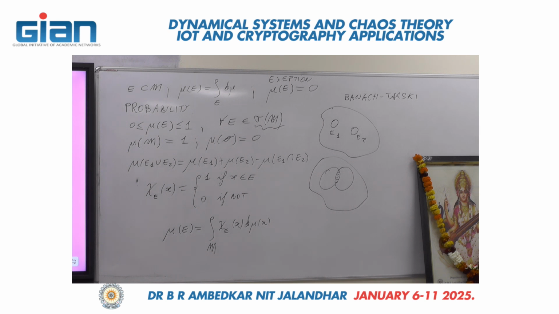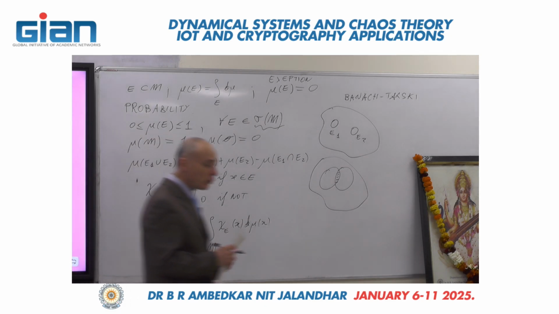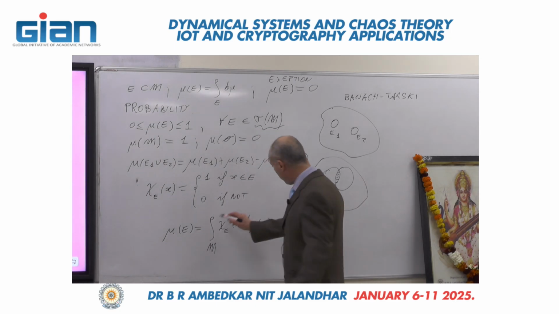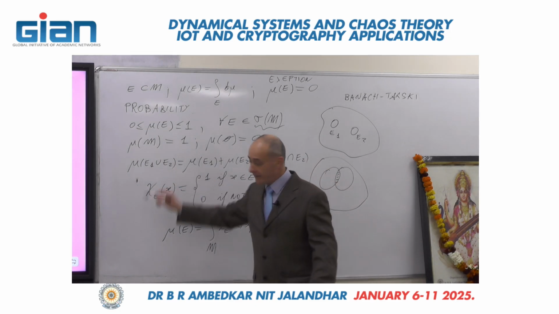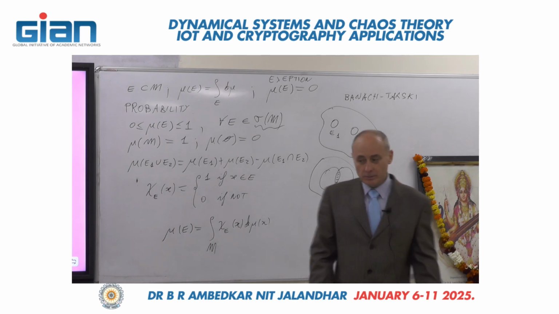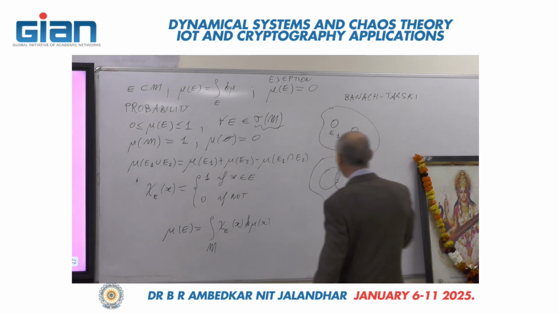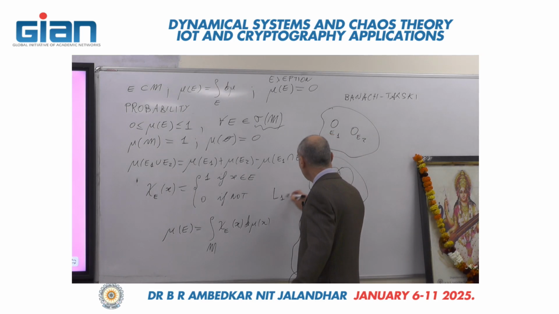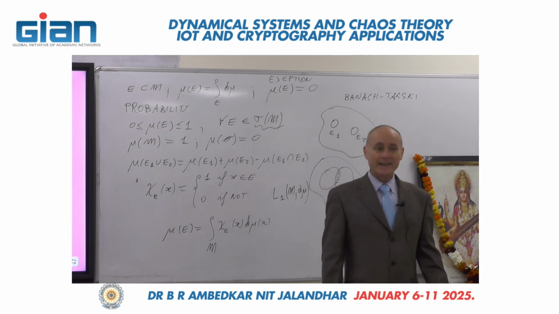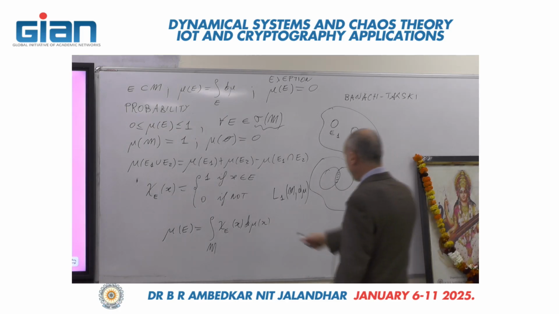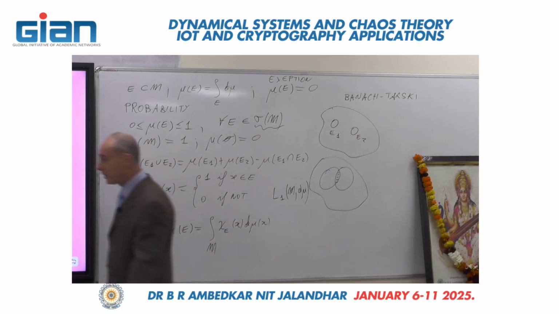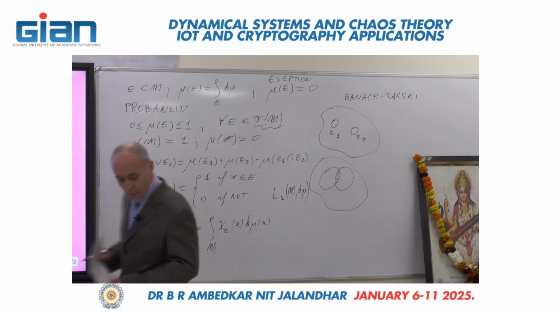But these characteristic functions have a very good property, that linear combinations of functions like this are dense in the space L1 of M and mu. They are called simple functions. You can write them this way.